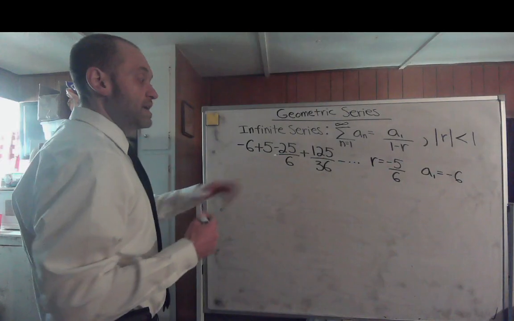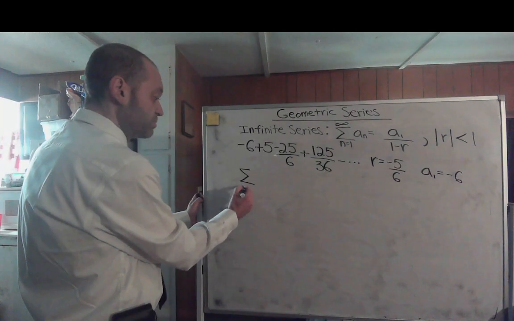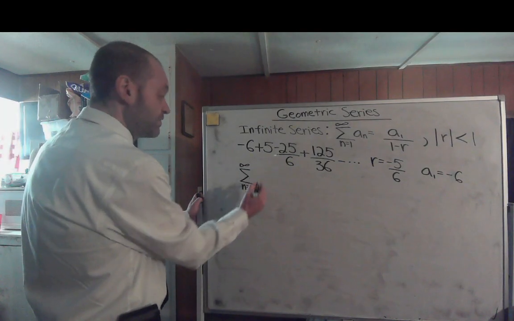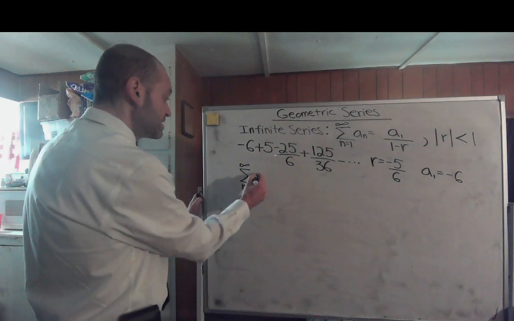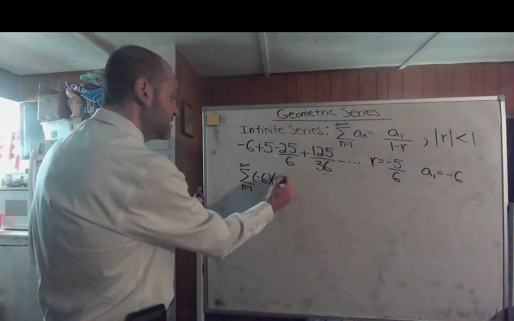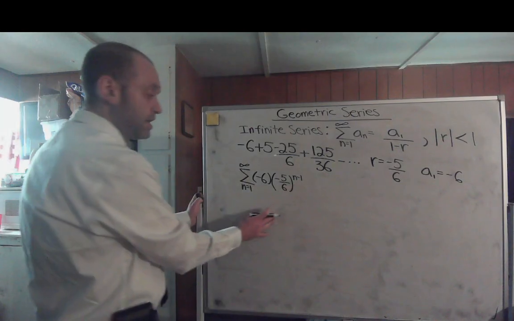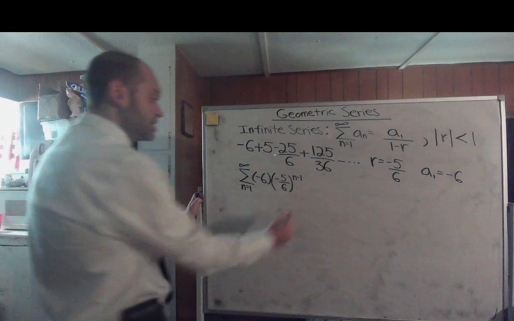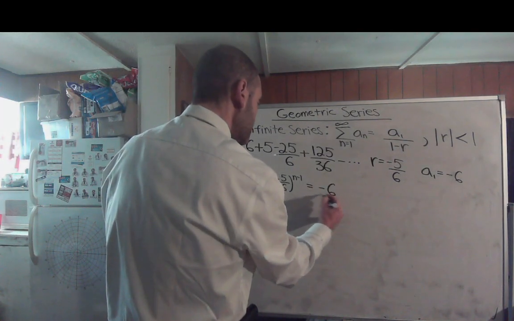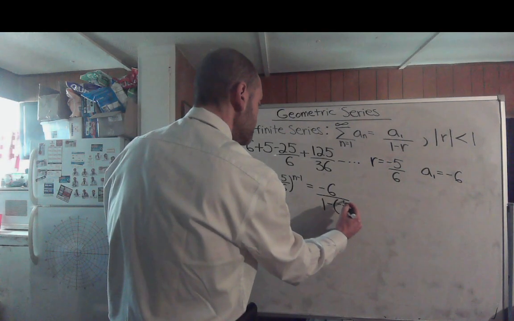Now let's go ahead and set up the sigma notation so we can take the sum. This will be the sum from n equals 1 to infinity of our a sub n, which would be our a sub 1, which is negative 6, times our common ratio of negative 5/6 to the n minus 1 power. So that formula is a sub 1, which is negative 6 all over 1 minus our common ratio of negative 5/6.